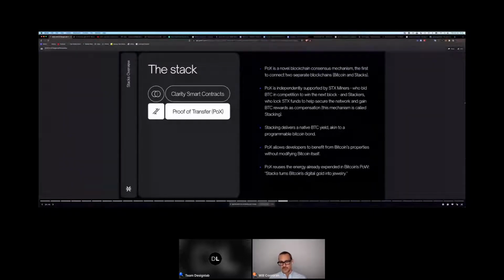And so what Stacks does is called proof of transfer. It's kind of like Bitcoin, where rather than spending electricity as a sign of, hey, I'm willing to spend this resource to get this resource, we actually spend Bitcoin. Different miners put Bitcoin into a smart contract, and then those miners compete to win Stacks.